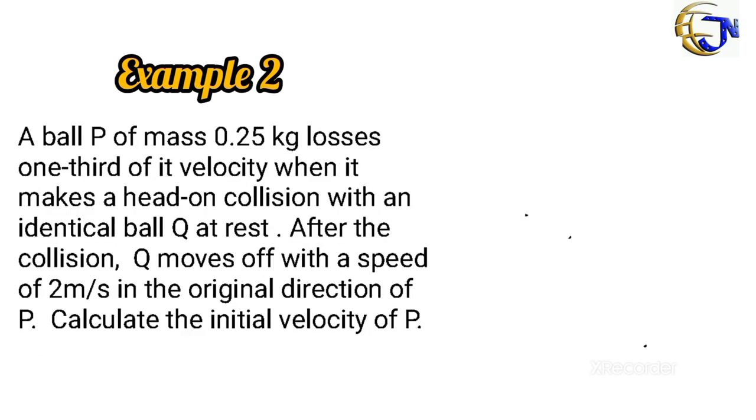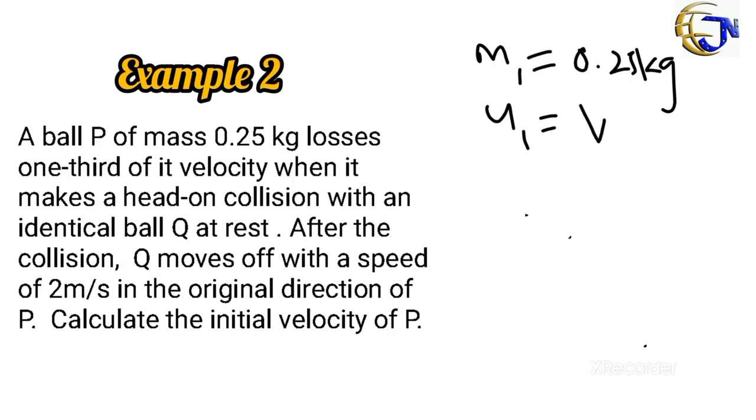The first body M1, the mass is given as 0.25. Then the body U1 moves with a velocity. Let's call the velocity V. Let's just use small letter V for it.